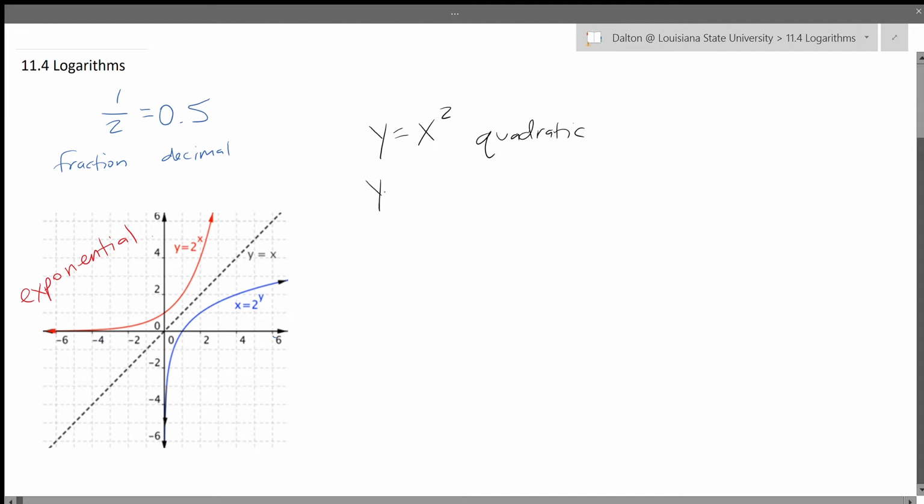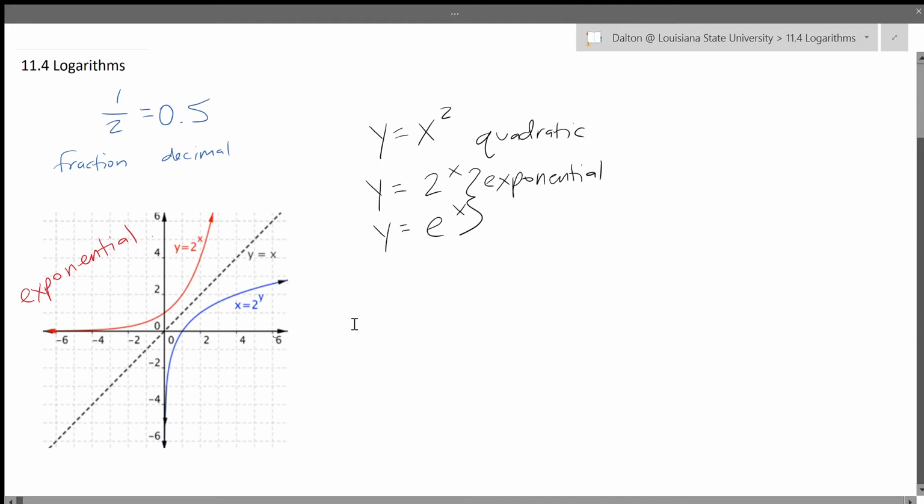Exponential equations end up having your exponent as the input. And of course your base, like we talked about, the base of e, or a base of, in this case, 2 or 3 or 4, right? Like that, the main idea is that your exponent is the variable. So our exponential function in this picture is the red one, y equals 2 to the x power.